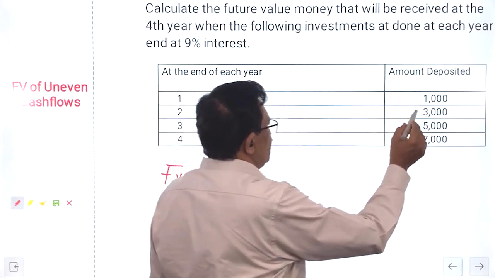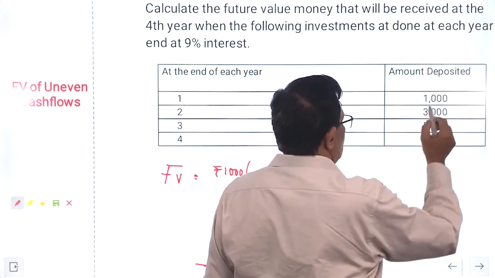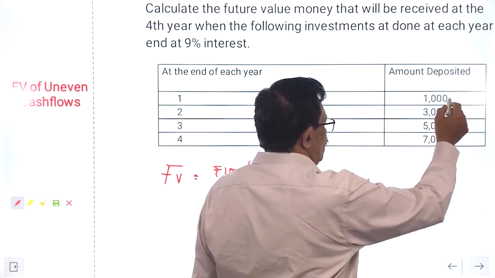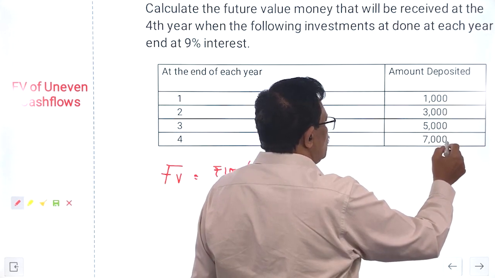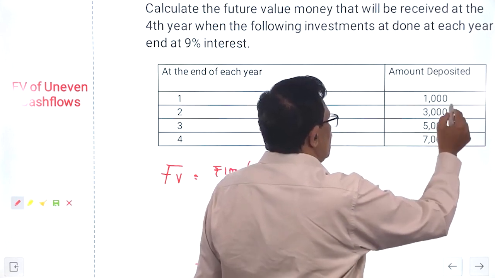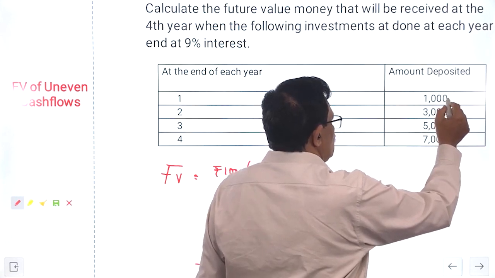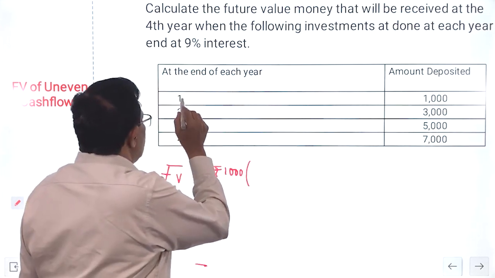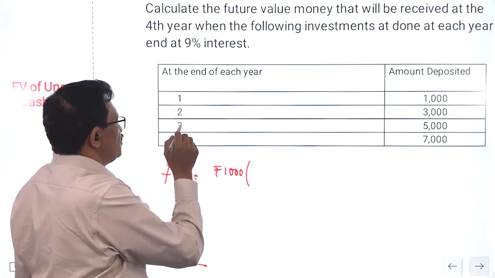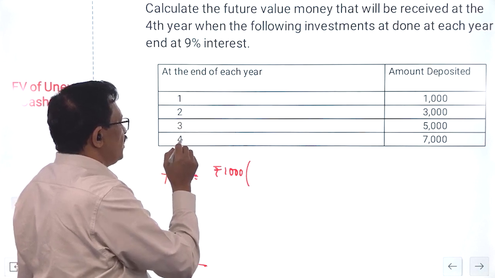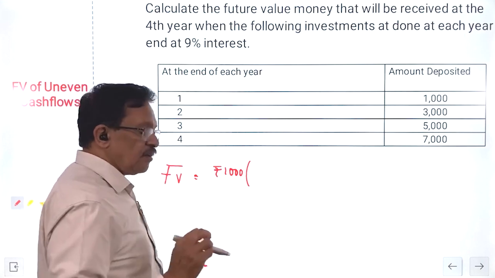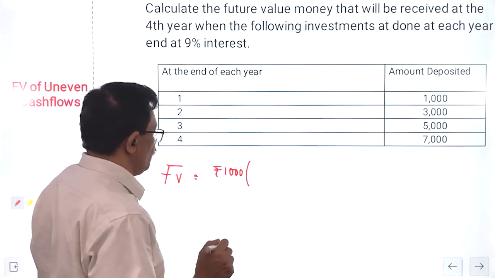At the end of the first year, when we are depositing, we need to understand the number of years this deposit is going to be there up to the fourth year end. From here to here it is 1 year, from here to here it is 1 year, from here to here it is 1 year. So this 1000 is going to be there for 3 long years.